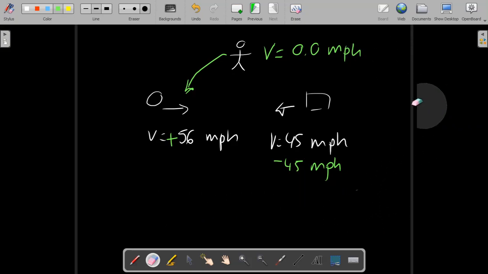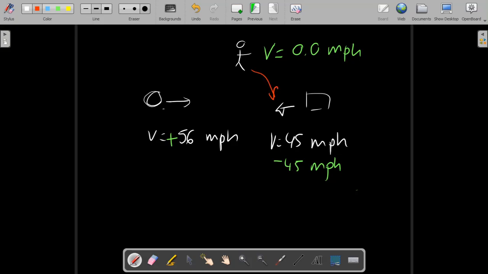Now, what about the second part of the problem? Let me draw the car again because it disappeared. I'm going to do it in red. So now they want to know how you observe the velocity of that truck right there, okay? So velocity is the velocity of the object that is moving, and this had a negative sign because it was going the opposite direction, okay?